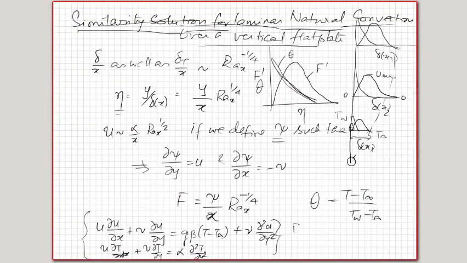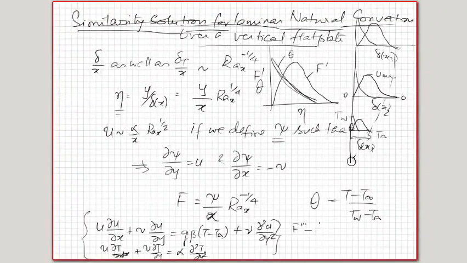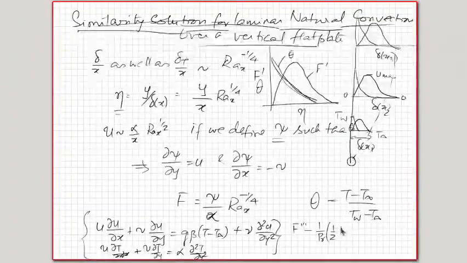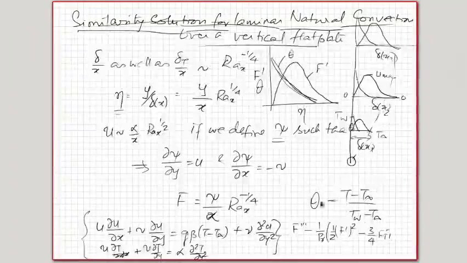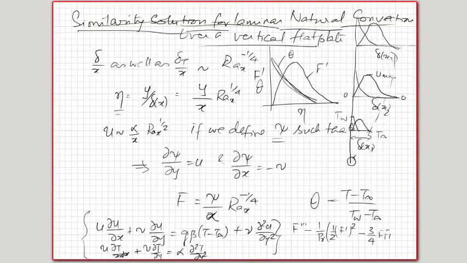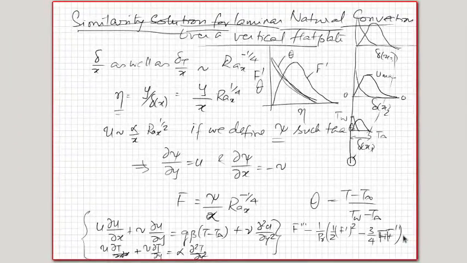One is f triple prime, since del squared u by del y squared will actually become f triple prime, minus 1 over Pr times half of f prime square minus 3/4 of f double prime, minus theta equal to 0.